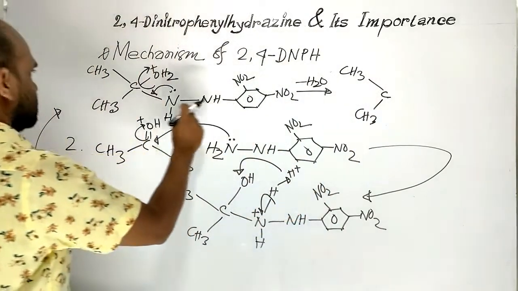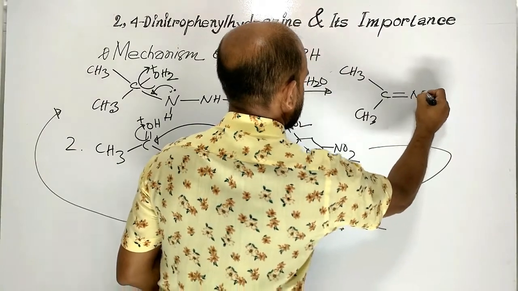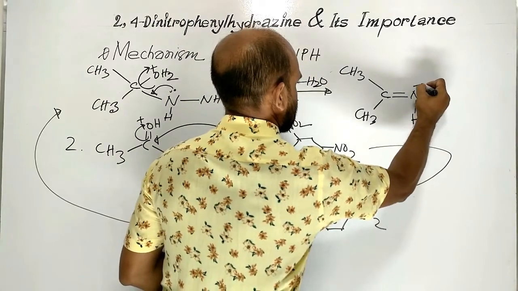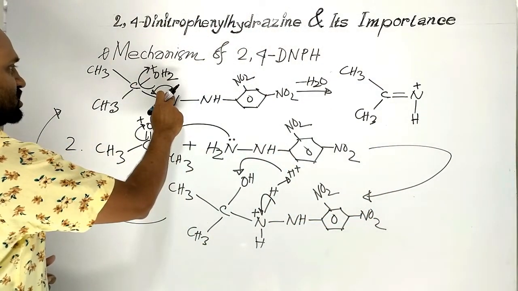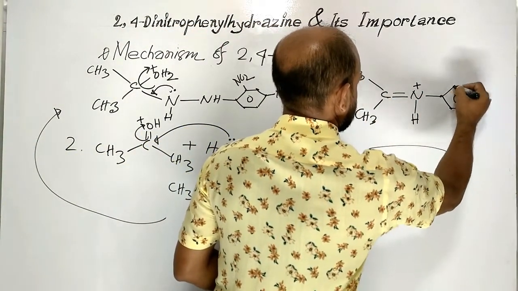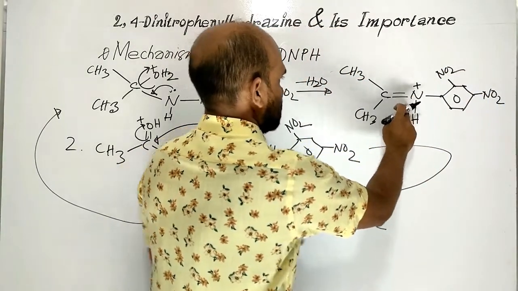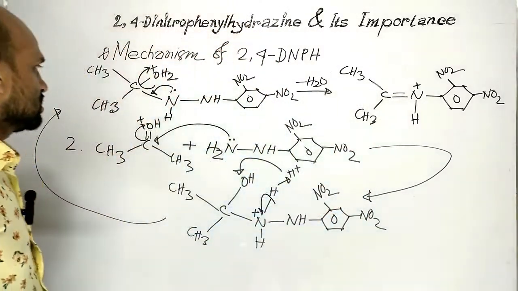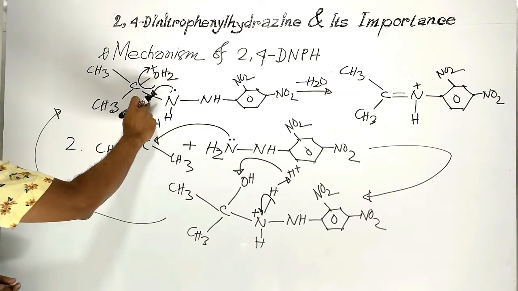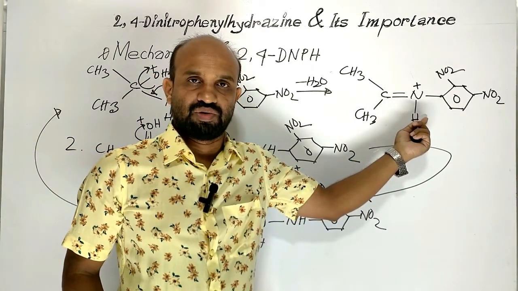Here CH3. Now carbon nitrogen double bond. With nitrogen, here hydrogen, and then here positive charge over nitrogen. Then this part, over nitrogen positive charge, because this lone pair of electrons of nitrogen turn into bond pair. That is why over nitrogen positive charge is developed.